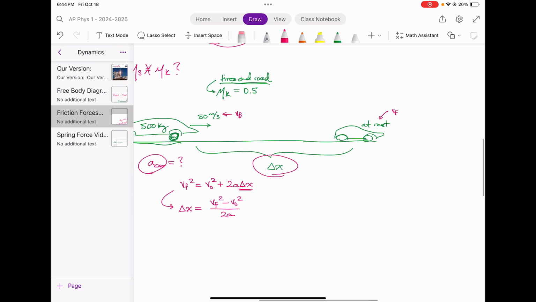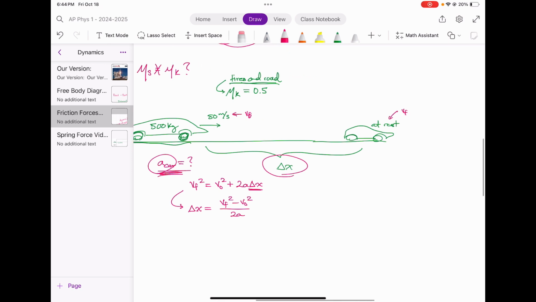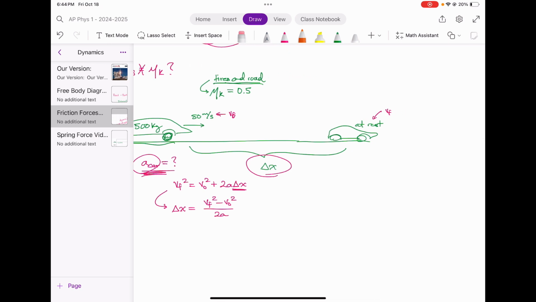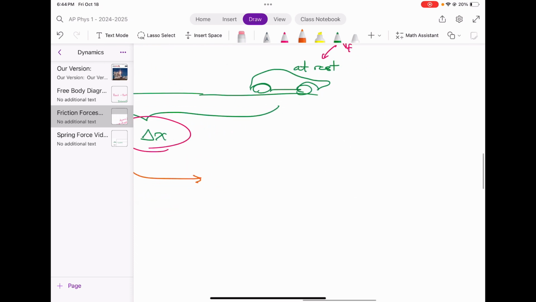All right, so let's try to find all this stuff here. The main thing is, what is the acceleration of the car? What do we always start with once forces are involved? Newton's second law, right? Acceleration of the car equals the sum of the forces over the mass of the car.